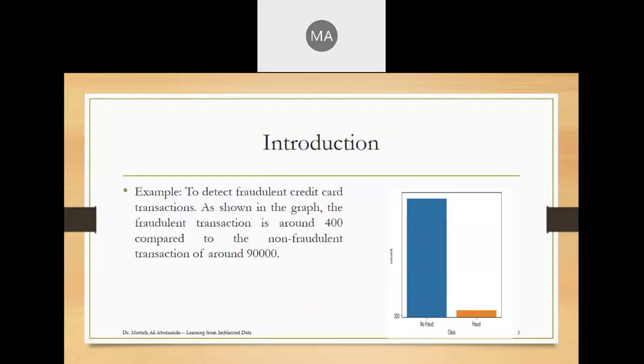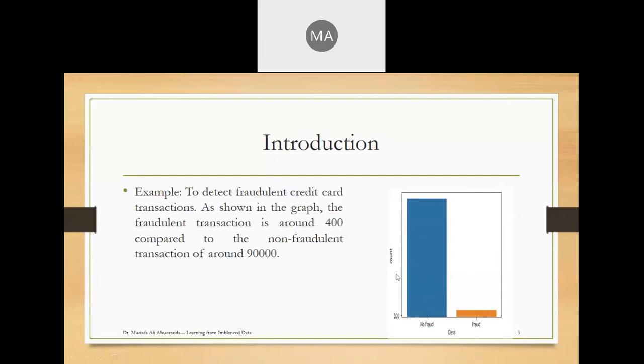For example, we have this type of problem, fraudulent credit card transactions, as shown in this figure or graph. The fraudulent transactions are around 400, the orange one, while the other class has, for example, 90,000 cases.